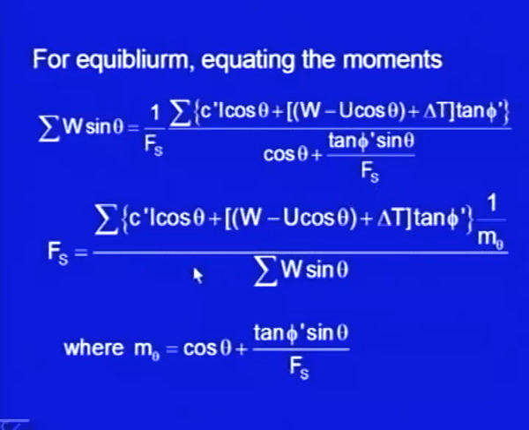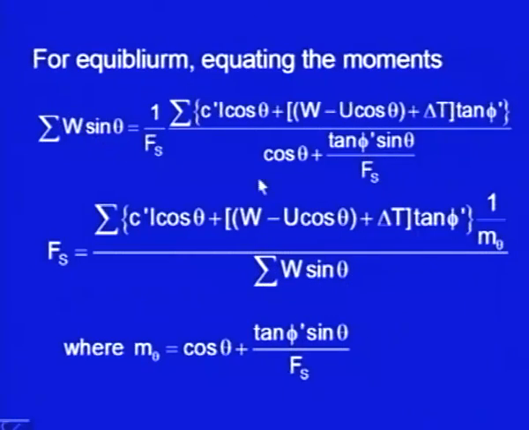We can now write this expression in a simpler form. F s is equal to summation c dash L cos theta plus bracket w minus u cos theta plus delta T tan of phi dash, multiplied by 1 upon m theta, divided by summation of w sin theta.